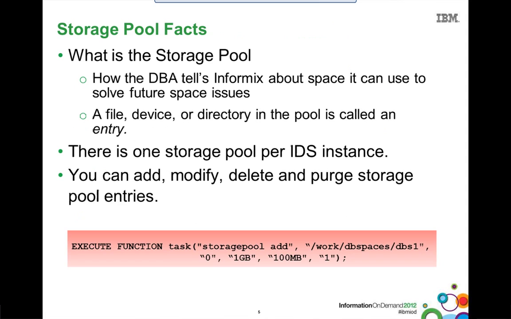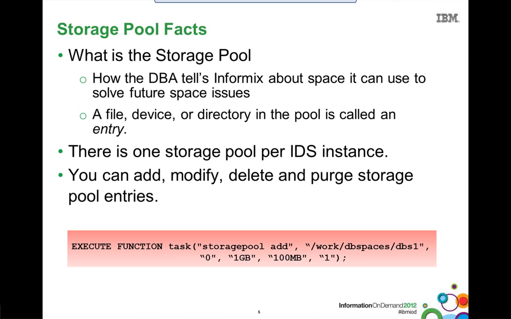And the storage pool is basically a place where you will tell Informix, your database server, what are the additional devices, chunks, directories you'd like to use when the system is running low on space.